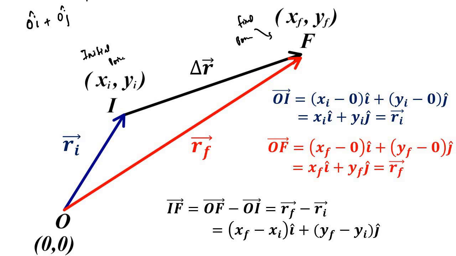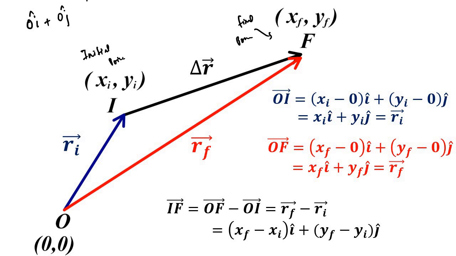So if we have to specify the position vector of the initial point, for the vector OI, xi, yi is the final point and 0, 0 is the initial point. That's why xi minus 0 plus yi minus 0. Similarly, in order to specify the position vector OF, xf, yf is the final point and O, the origin, is the initial point.